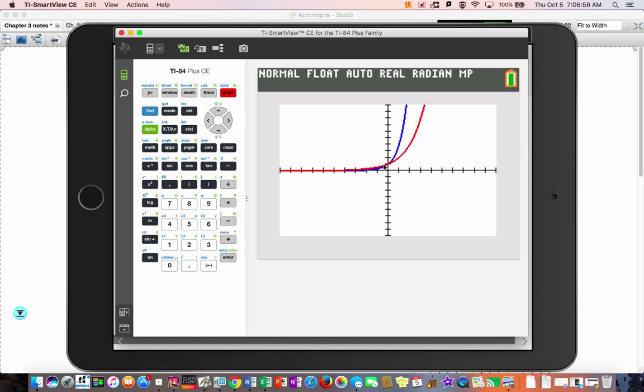But what you can see right here is they both hit 0, 1, but the blue graph, because it has a larger base of 4, is going to get closer to the x-axis quicker than the red one, which has the smaller base. And then on this side, the blue one grows at a slightly quicker rate, so it's going to look like it's going up the graph faster than the red one, which was just 2 to the x. So if you ever graph them on the same one, you can see that.